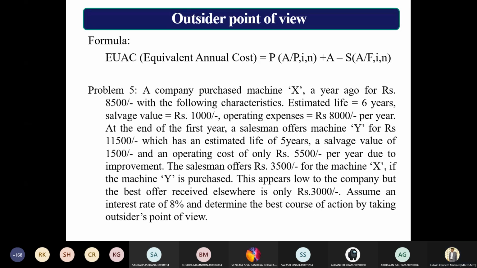Now you just be in the position of the outsider, right? You are the one who's going to buy the equipment. You are actually in the position of the buyer. You are the one who's going to either buy the equipment or not. You're going to decide between the Defender as well as the Challenger. Suppose you plan to buy the Defender machine, what would be the cost that you'll be paying for the Defender?